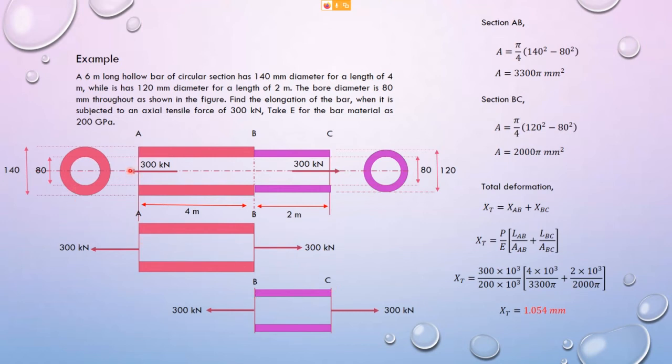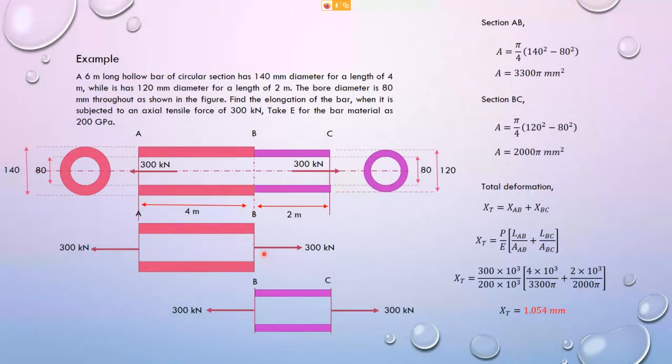Since this 300 kilonewton here is given, to make it easier we straight away pick up the force based on the outer edges here. So in this case, I pick up 300 kilonewton, and then I have to look into the equilibrium of this part here.